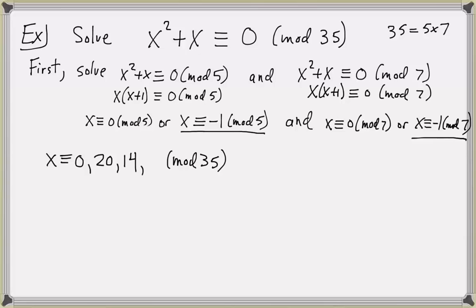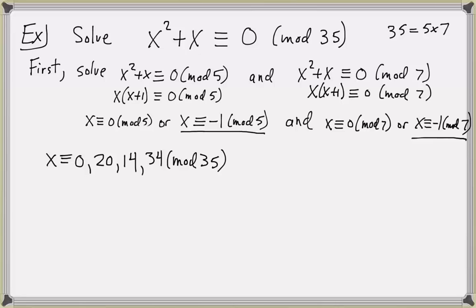So I'm going to write that as 34. 34 or negative 1 mod 35, we see that it's 1 less than a multiple of 5 and 1 less than a multiple of 7. So these are four distinct mutually incongruent solutions to the original congruence, x squared plus x is congruent to 0 mod 35.